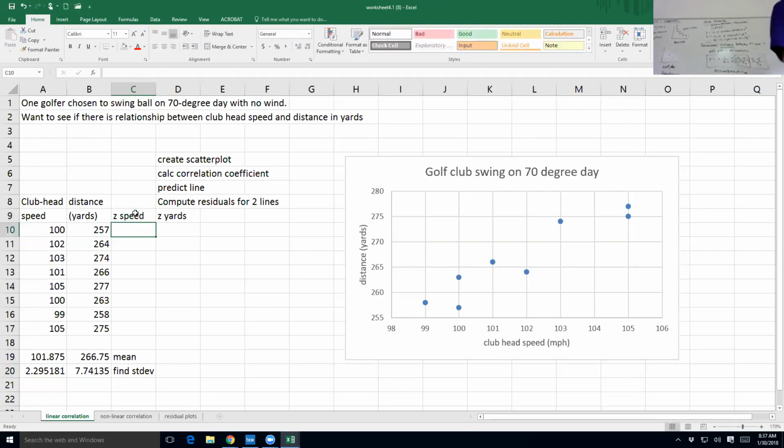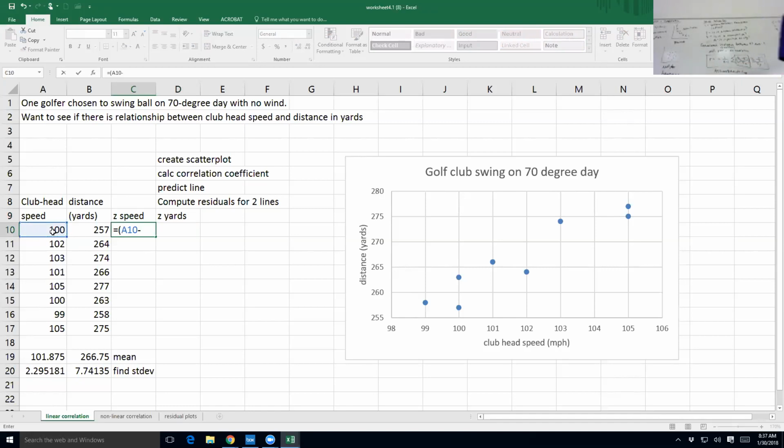Tanner, can you help me do the z-score for the speed? So equals what? What does x sub i represent? It's your data, so what am I going to click on? Click on the 100. We're going to do each one of these points individually.